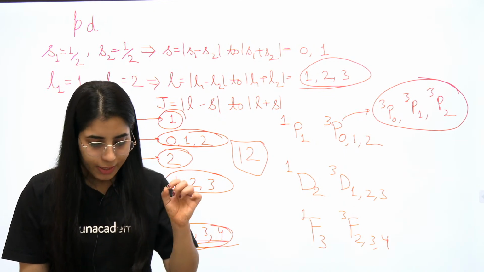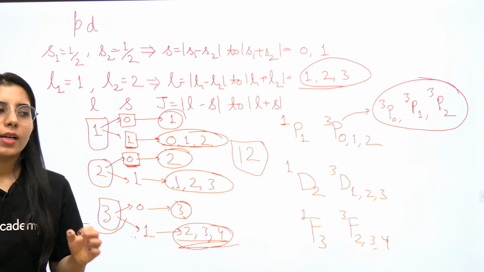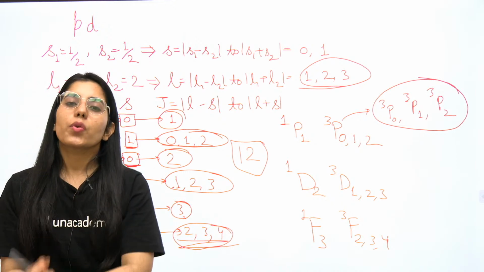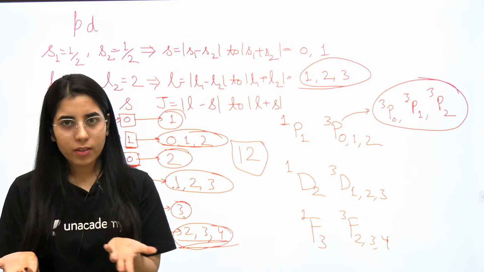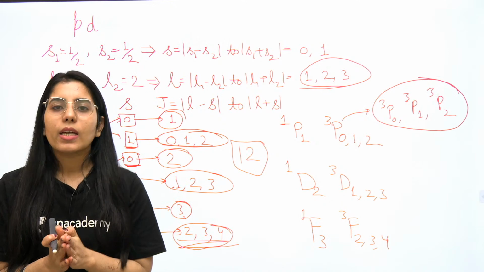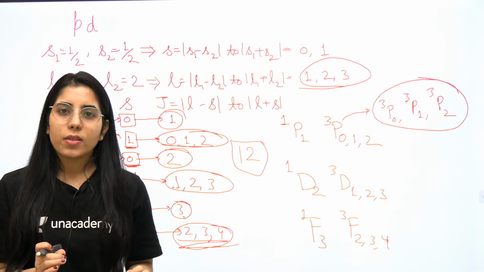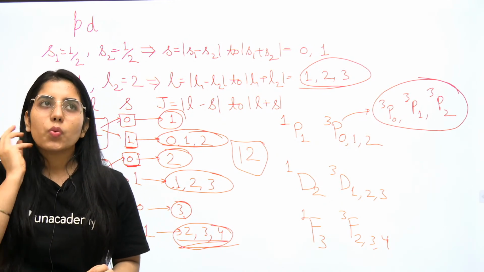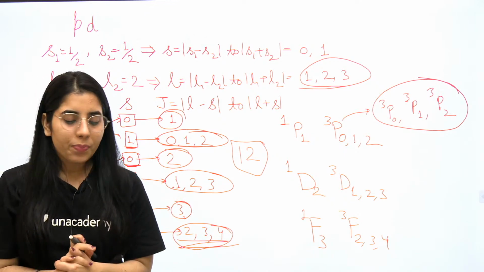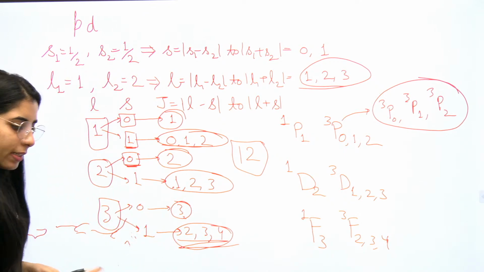Clear? Now let's talk about the next type of question you can expect from the spectroscopic terms. That's going to be for the equivalent electrons case, because that's going to be just one case you will have. Okay, how you will find the ground state spectroscopic term notations, we are going to talk about that case.